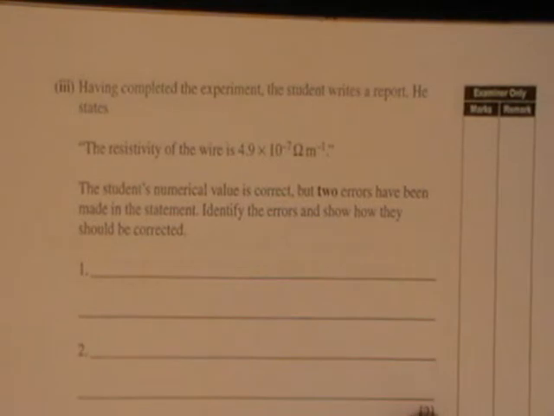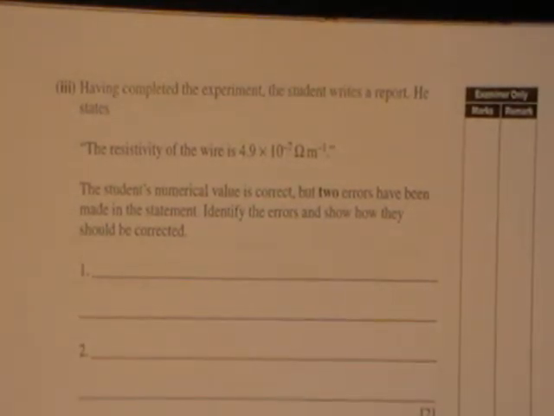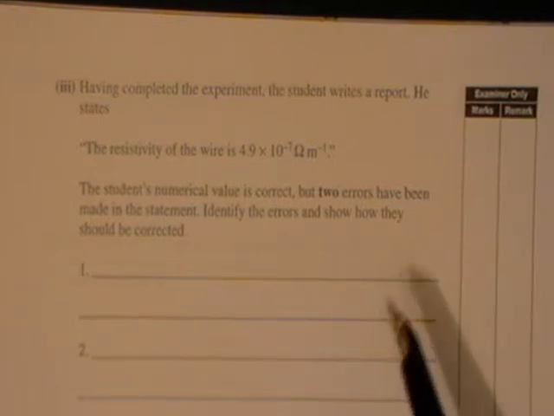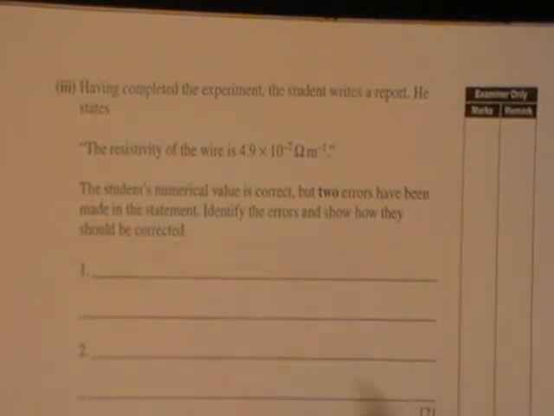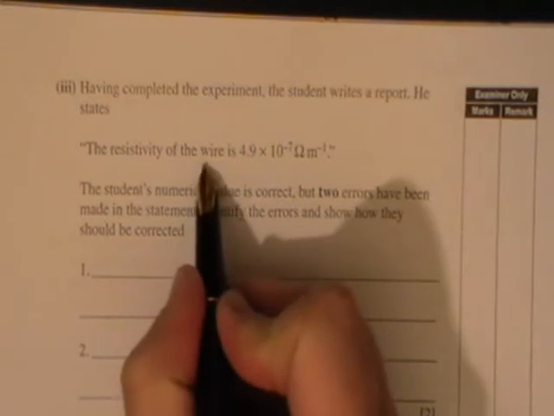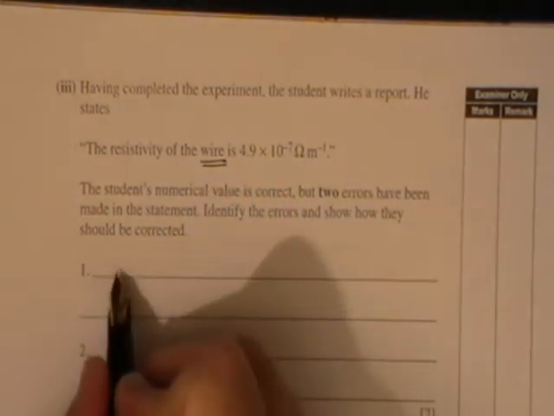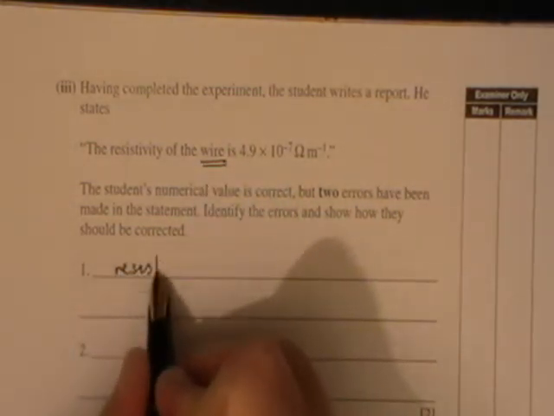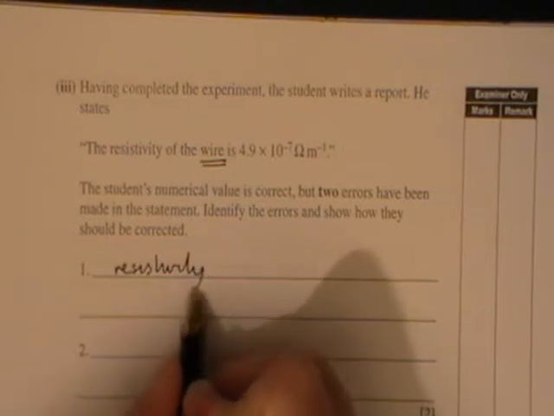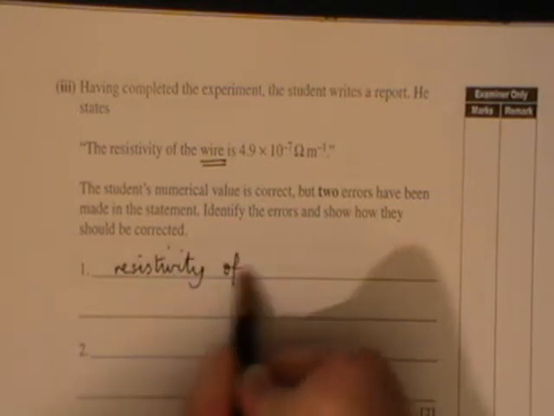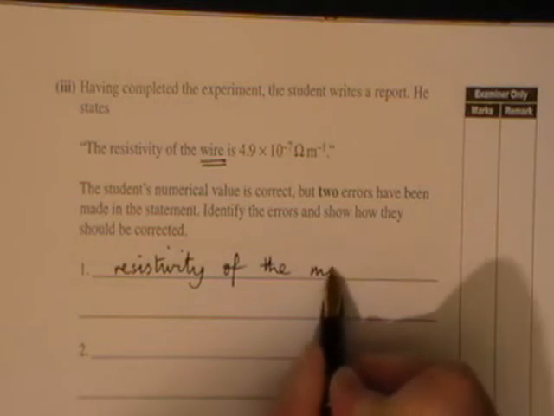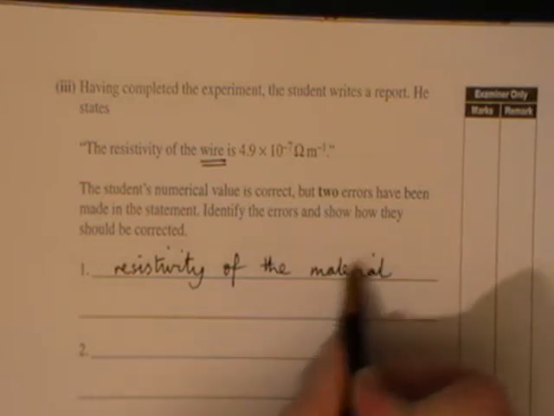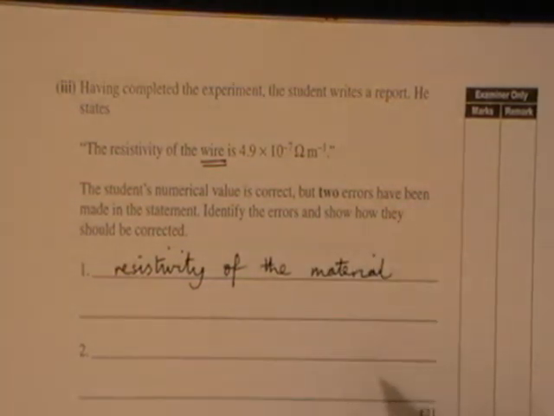Having completed the experiment, the student writes a report and says the resistivity of the wire is 4.9 times 10 to the minus 7. Identify the 2 errors that are in this. Well, the first error is it's not the resistivity of the wire, but it should be the resistivity of the material. Resistivity is a property of the material, not of the wire itself.